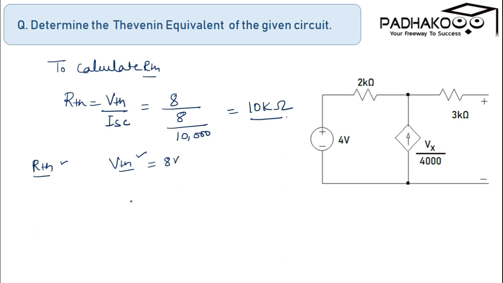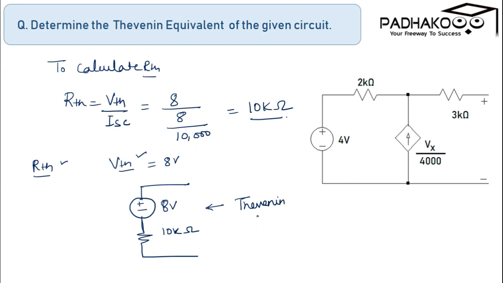So we can redraw this circuit in this form: here is the resistance 10 kilo ohm, and this is the voltage with value 8 volt. So this is the Thevenin equivalent circuit.